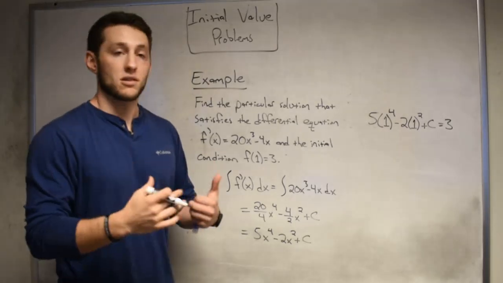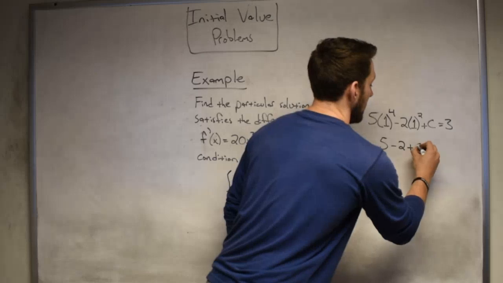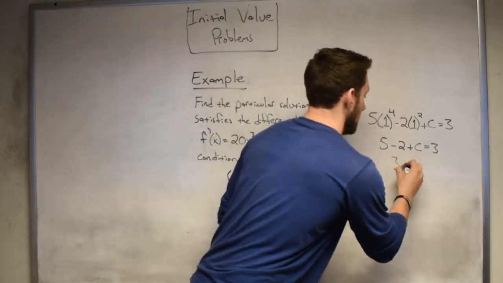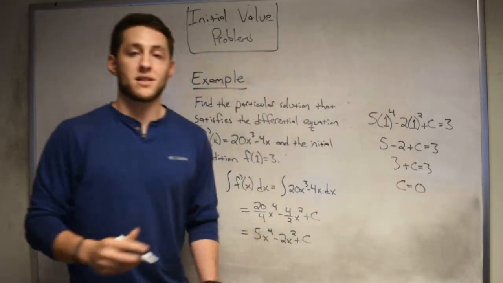Do some simplifying and solve for c, we'd find that 5 minus 2 plus c is equal to 3, or that 3 plus c is equal to 3, ultimately giving me that c must be 0.